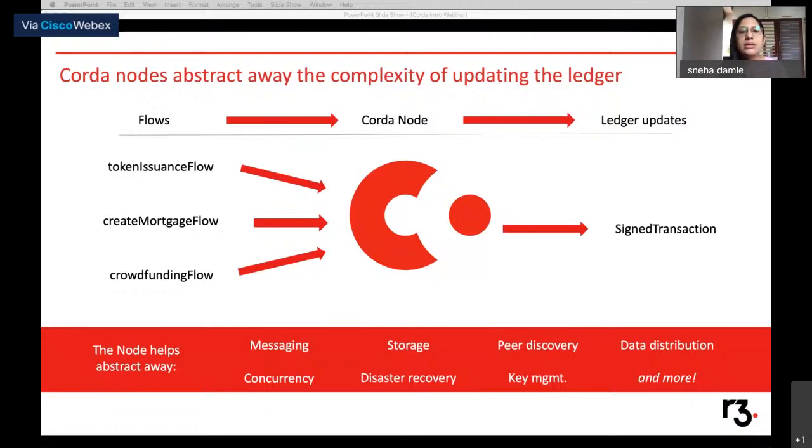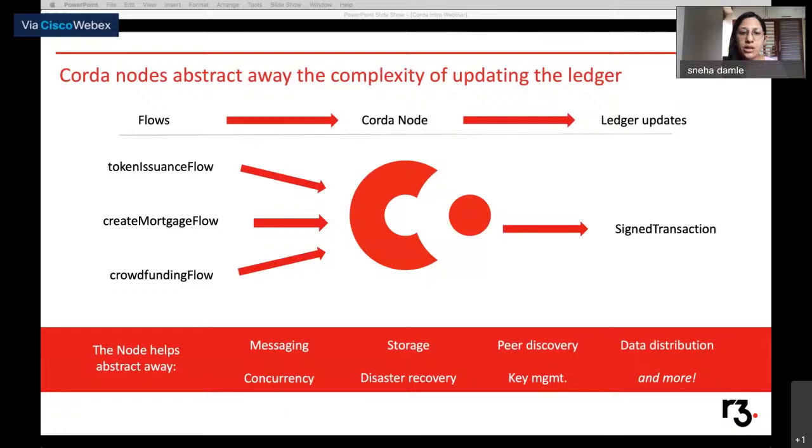For example, the node helps you with messaging, as it has an inbuilt messaging framework. It also allows you to connect to an RDBMS. By default, Corda uses an in-memory H2 database, but you can also connect to enterprise databases like Postgres, SQL Server, MySQL, etc.